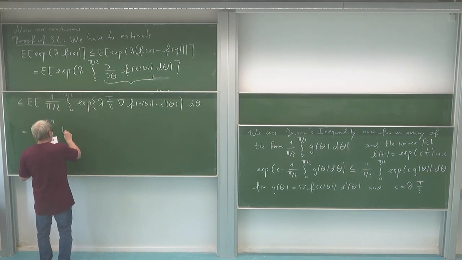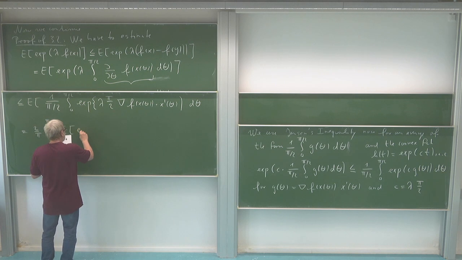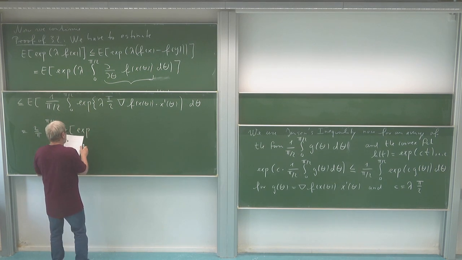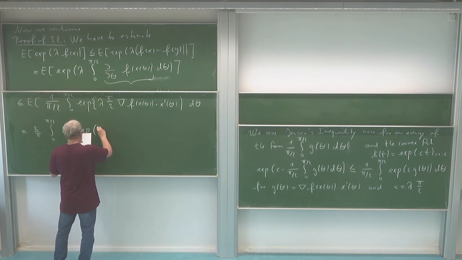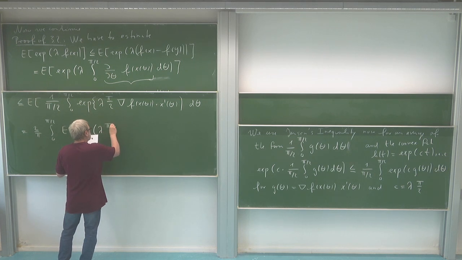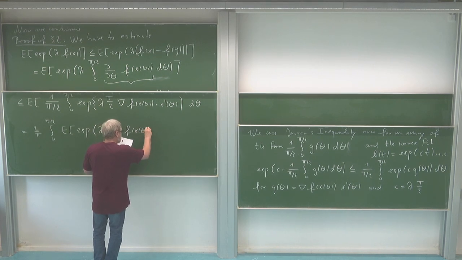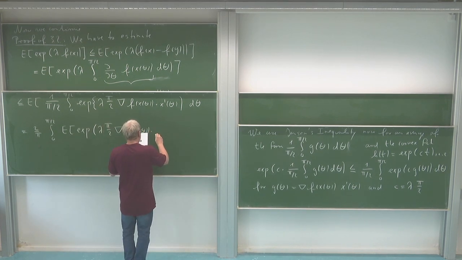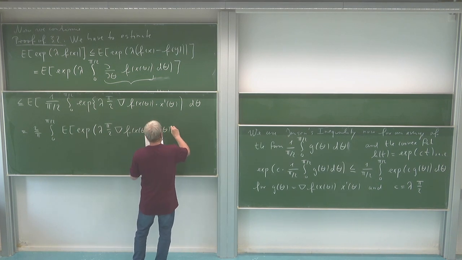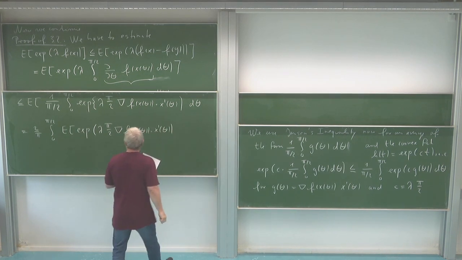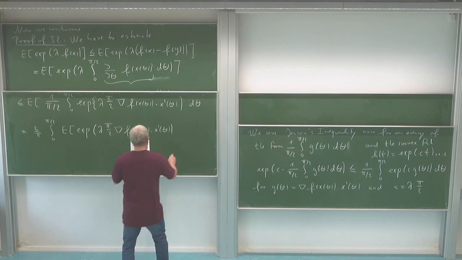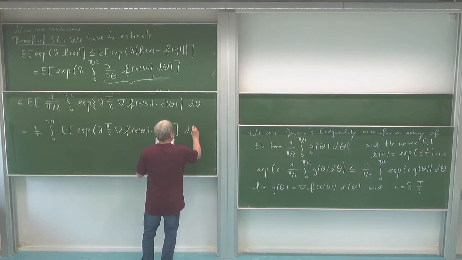So I take the expectation of the exponential function of lambda times pi over 2, the gradient of f of x theta multiplied with x prime of theta, d theta.